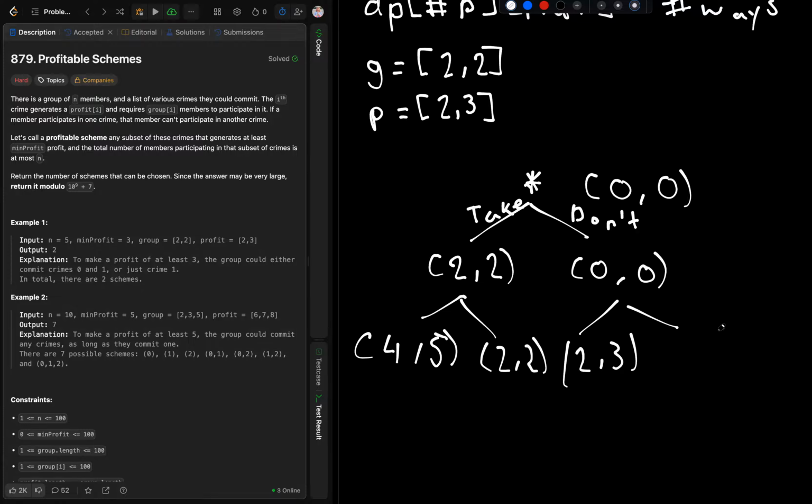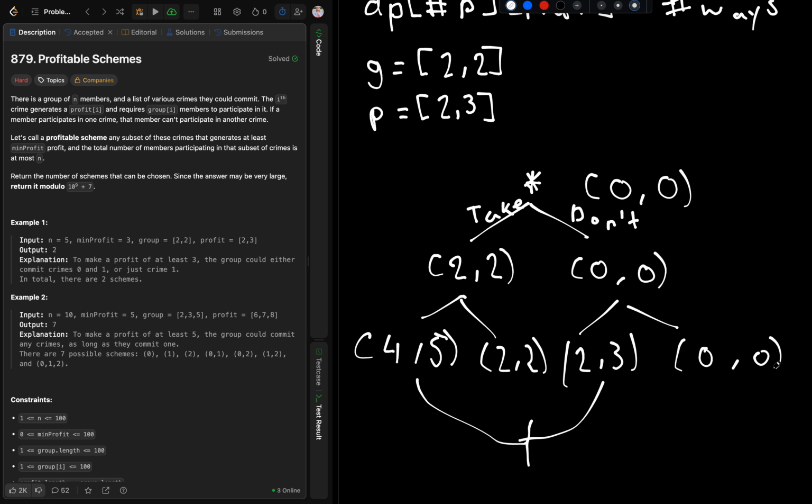And if we don't take it, it would be 0, 0. Now you can see that there are 2 ways, these two, such that we have our min profit. Our profit is at least 3, because 2 is less than 3, and 0 is less than 3 as well.